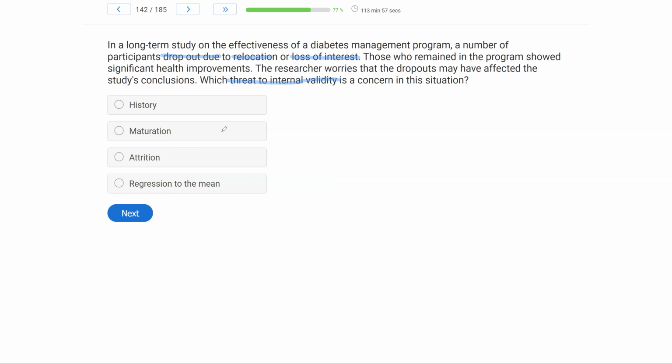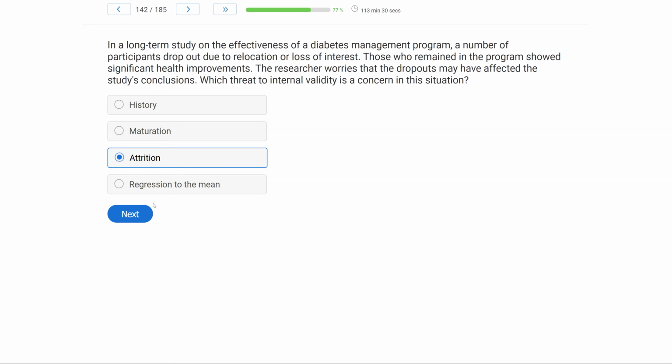Again, nothing to do with dropping out of the study. What we're looking for here is C, attrition. Attrition is related to losing participants as the study goes on for whatever reason. And regression to the mean is when we eventually return to the average of something, which is not what we're discussing here.